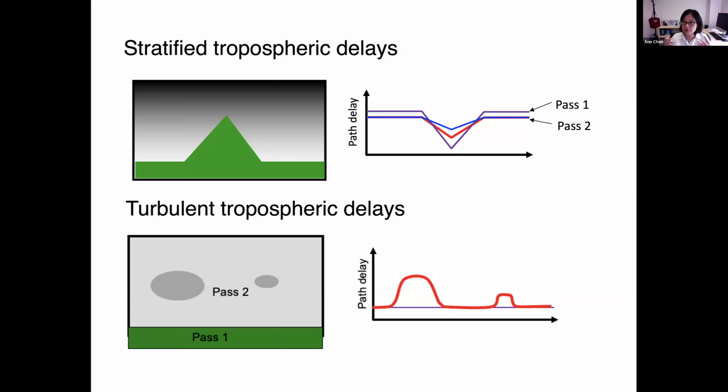So in an area with a very dense GPS network, where you have high-quality zenith delay estimates, when you merge the GPS zenith delay estimates, I think you can have a fairly good chance to remove a lot of this stratified component.